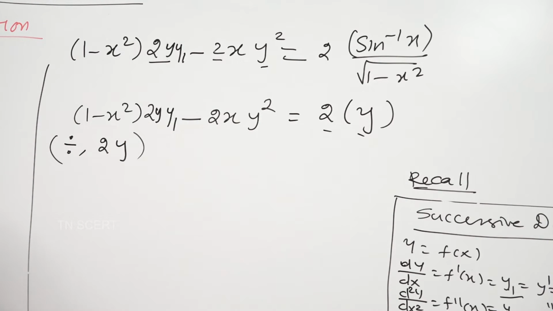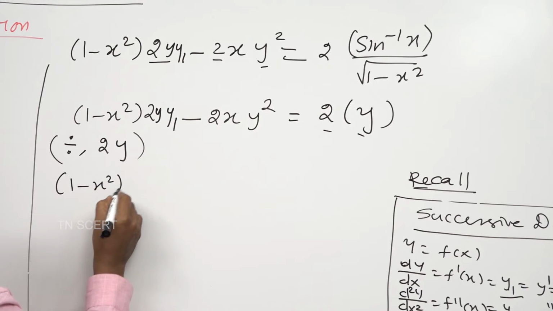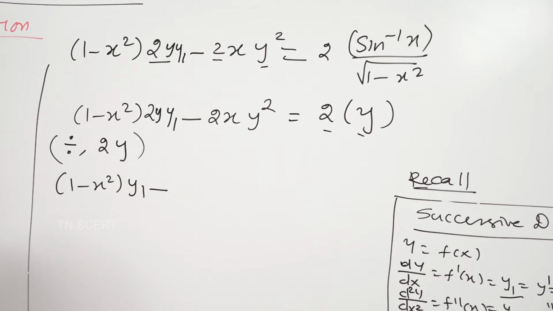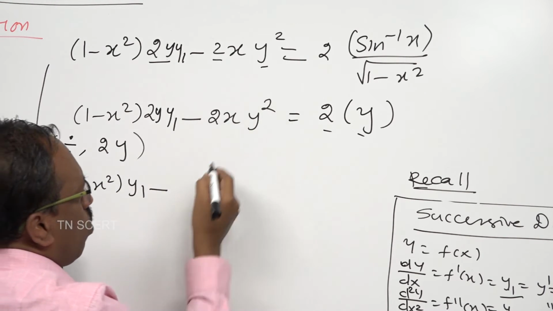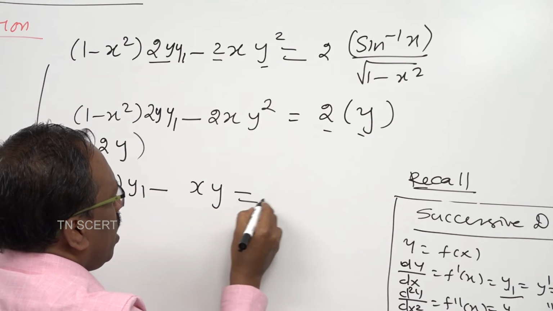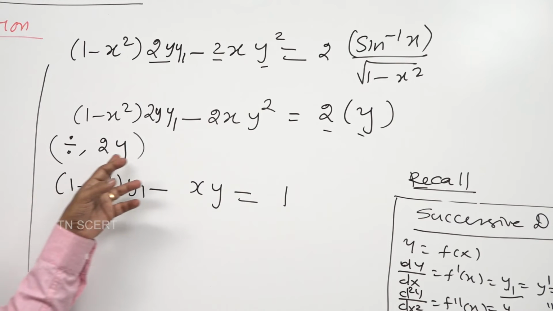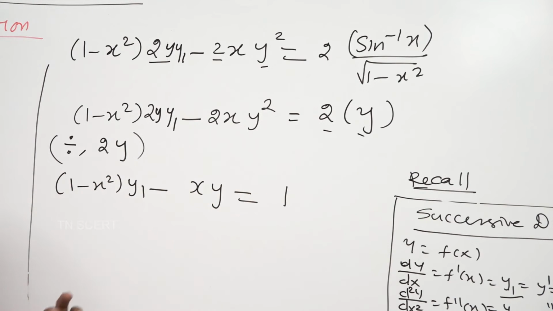And everywhere you cancel by 2y, what happened? 1 minus x square with y1 minus xy equal to 1. This is the way we found out now. Cancelling everywhere by 2y, this is the one that exists.